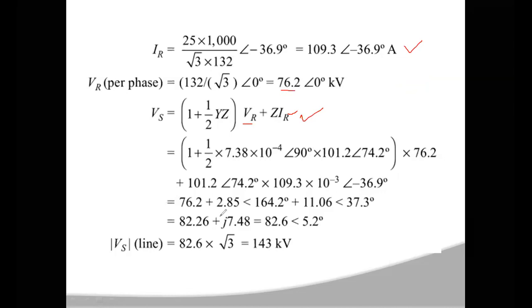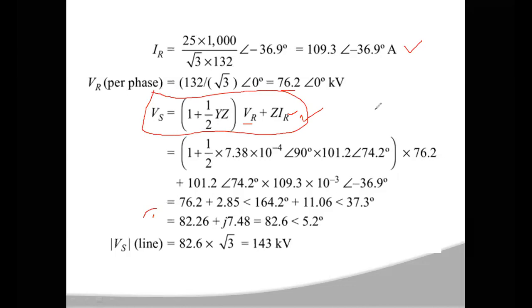The final sending end voltage Vs is equal to 82.26 plus j7.48, in complex form. In polar form, it is 82.6 at an angle of 5.2 degrees, in kilovolts. That is all. Also remember that all the values in this equation are per phase values only.